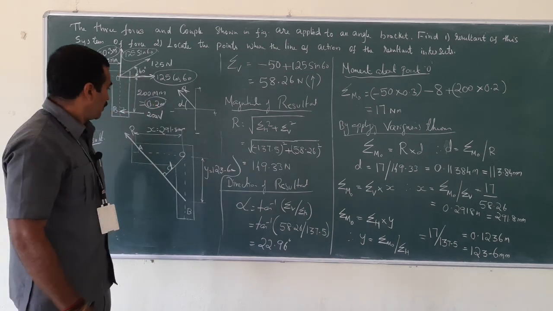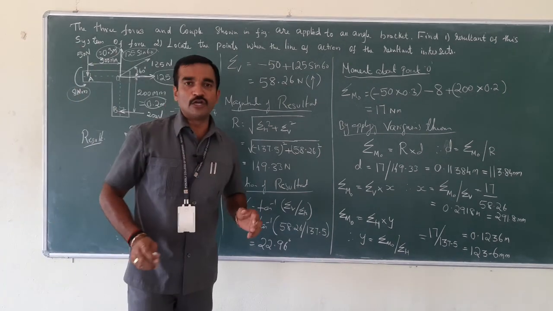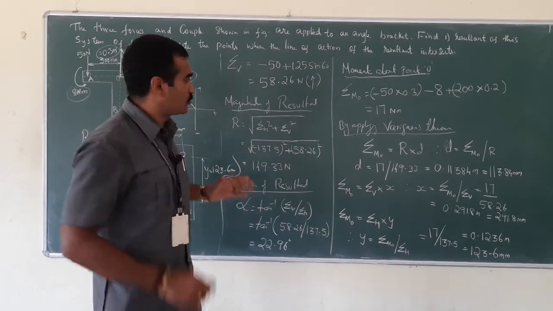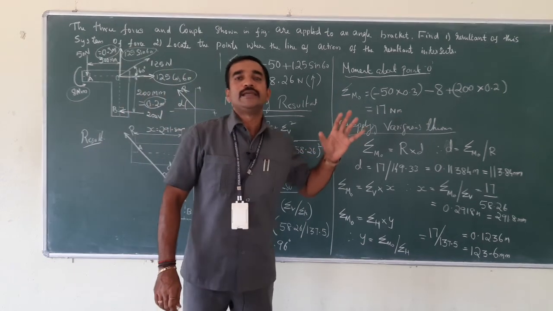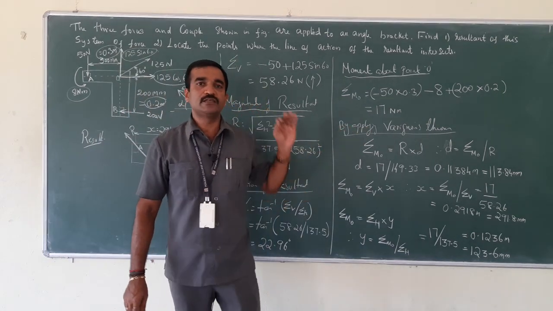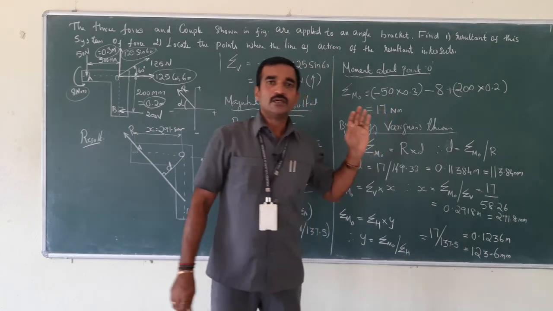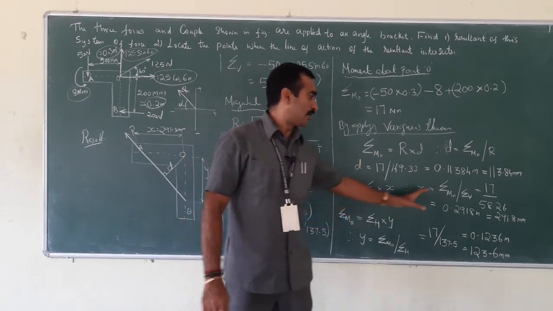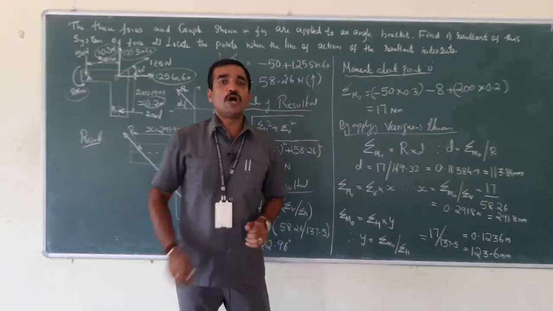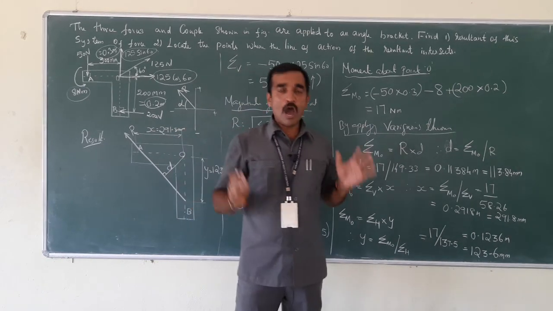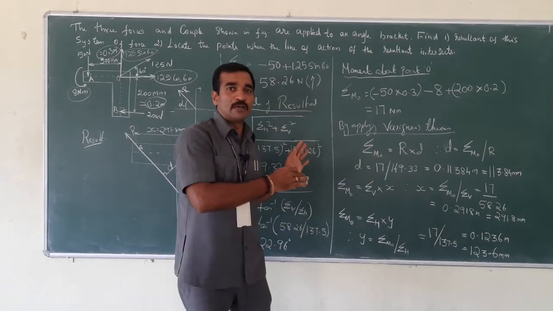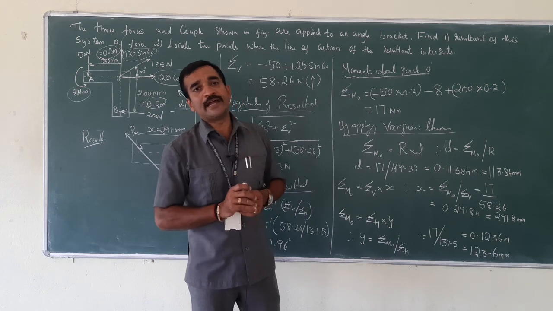Got it? So you have to be very careful while solving such kinds of problems, because if you make any mistake, you end up getting all the wrong answers. Hope you have all understood how to solve such problems by using Varignon's theorem.